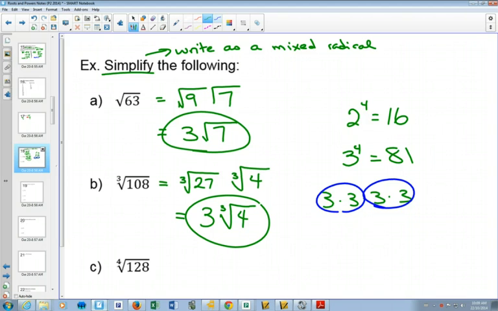The nice thing about when you get to perfect fourths, you've got 128. I hope you can see right away that it's not going to be 81, because 81 times 2 is already more than 128.